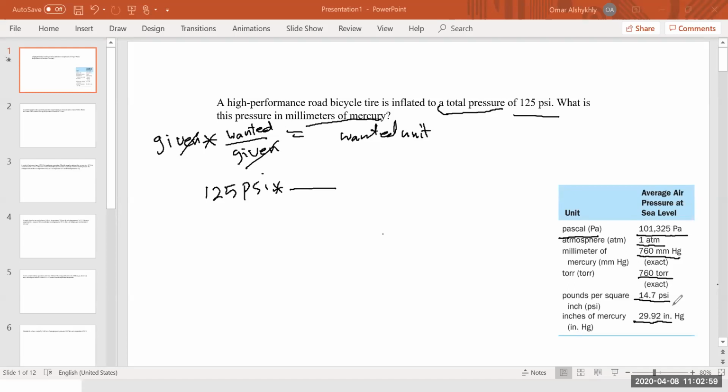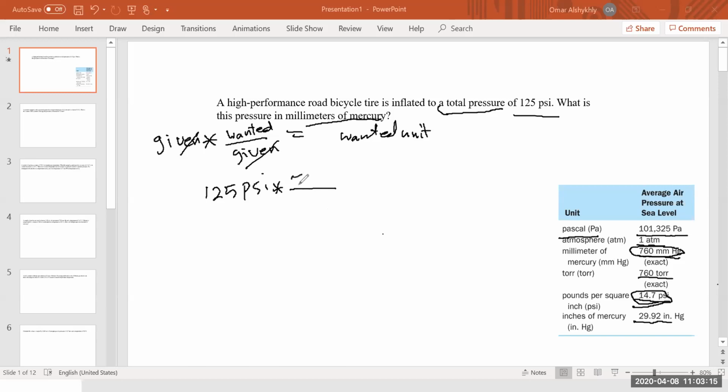So we will look for the relationship between the psi and the millimeter mercury. You will write it down over the top.